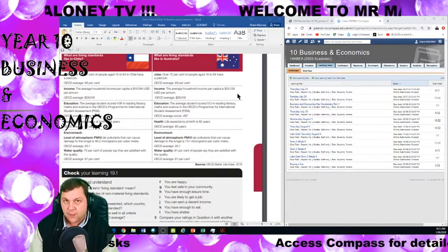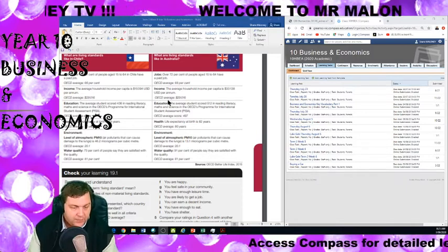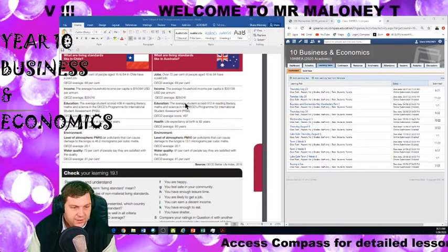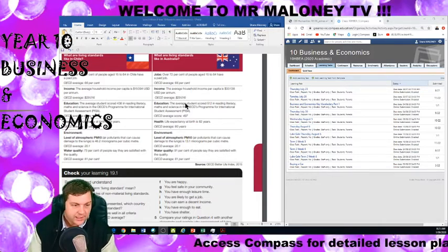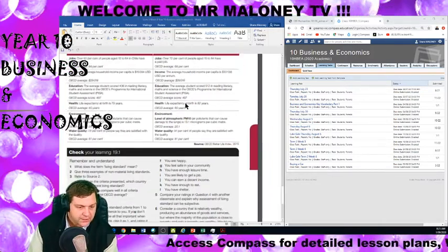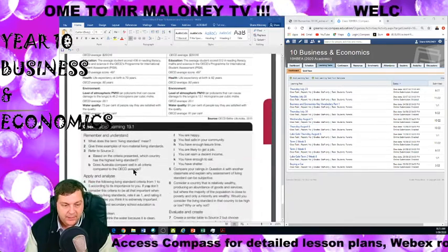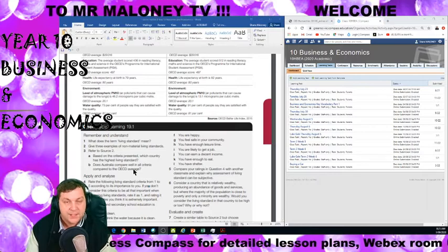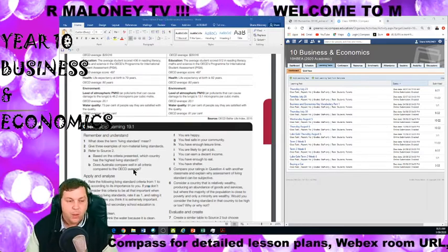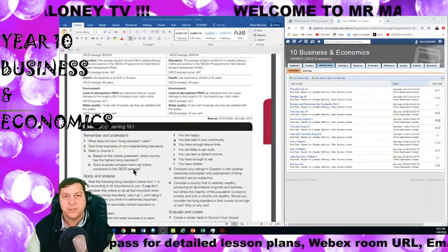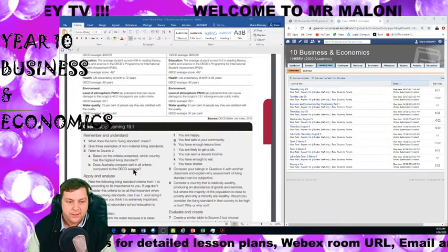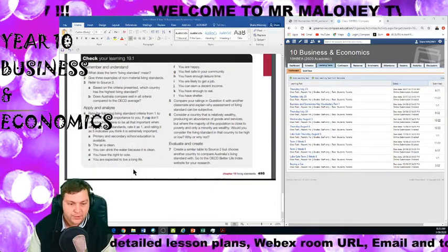That's US dollars, okay? The OECD average is $29,016. So the question is, does Australia compare well in all criteria compared to the OECD average? Well, in that criteria that I just read, yes, we do. We outperform the average quite significantly too, which is great.